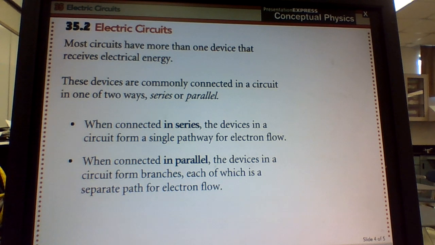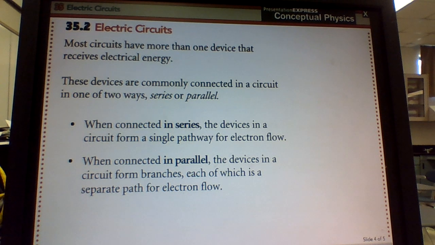So most circuits have more than one device that receives electrical energy from a battery, generator, whatever it happens to be. And these devices are commonly connected in a circuit in one of two ways. We connect them in series or we connect them in parallel. In series, basically, devices in the circuit form one single pathway.